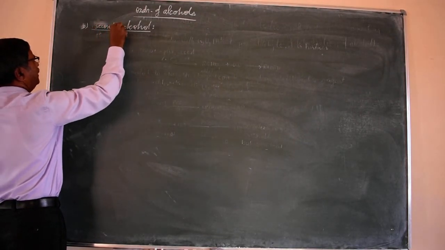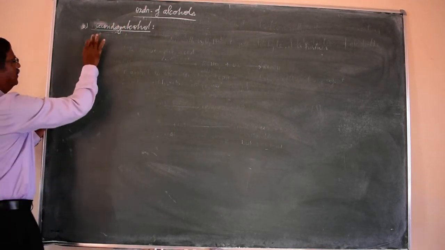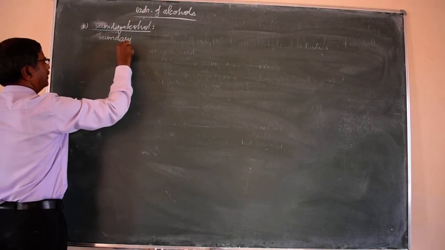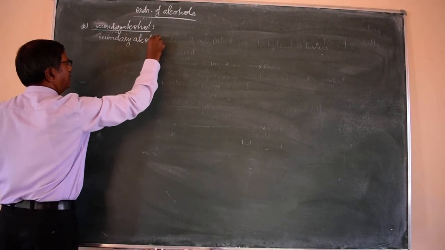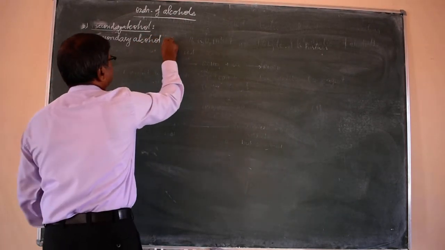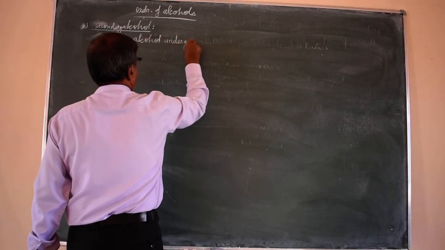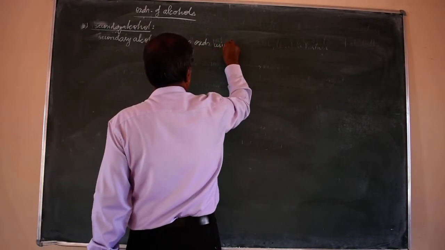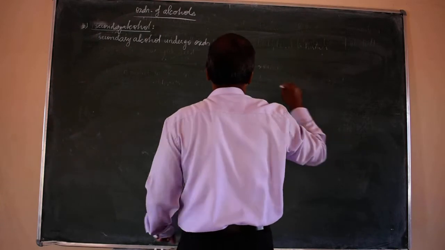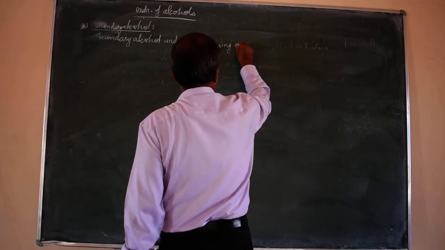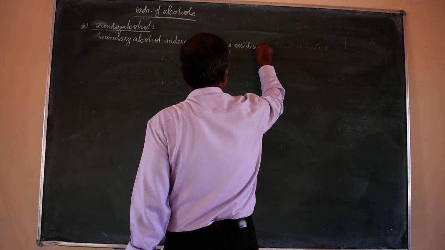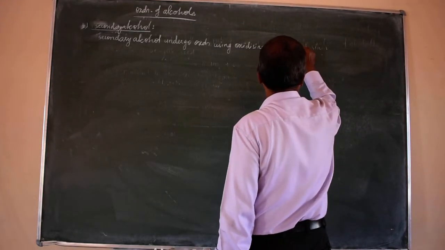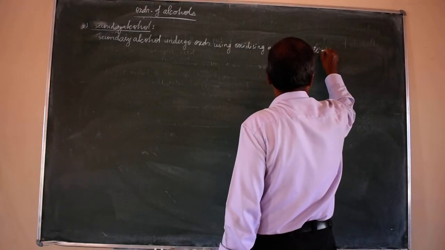Secondary alcohol undergoes oxidation using the oxidizing agent chromic anhydride.